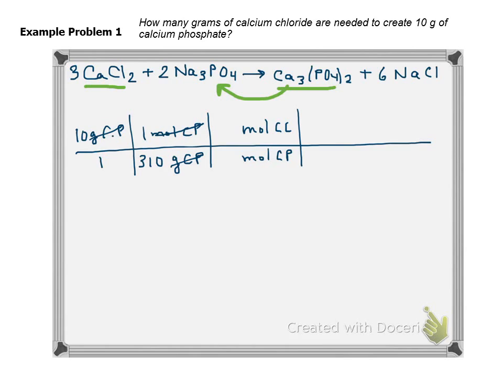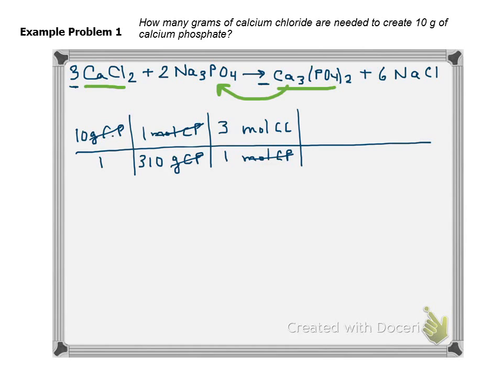According to our reaction equation, for every 1 mole of calcium phosphate formed, you need 3 moles of calcium chloride. This will cancel out calcium phosphate moles and has now brought us to the other side, speaking about moles of calcium chloride. However, I'm interested to know exactly how many grams I will need to measure out for this reaction.